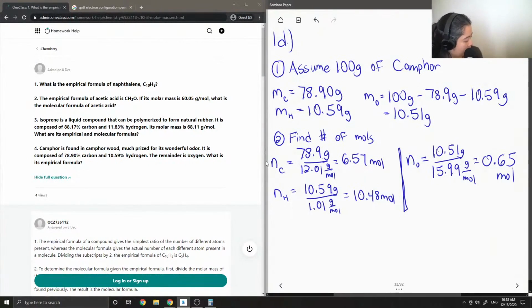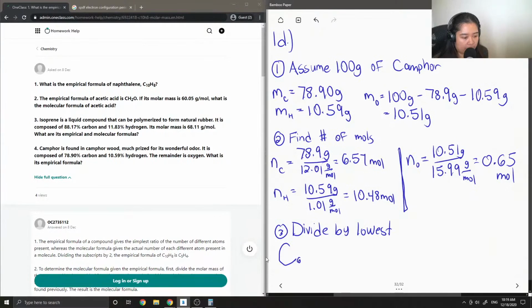Okay, so now that we have the number of moles of all of them, we want to divide by the lowest number of moles. So the lowest number was 0.65 moles.